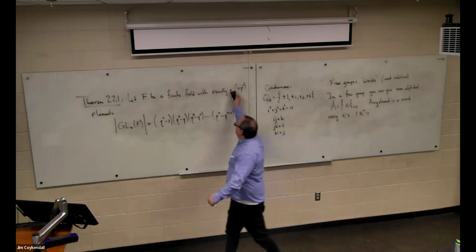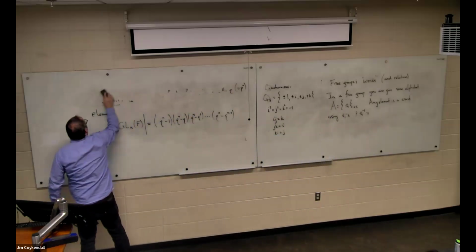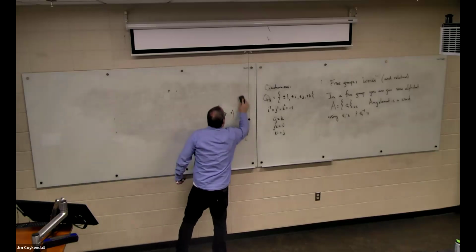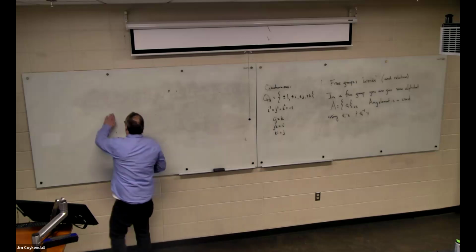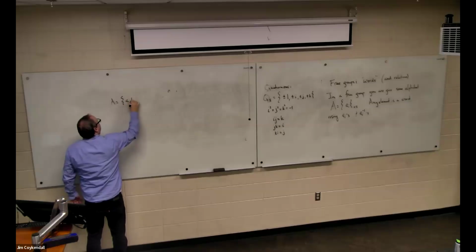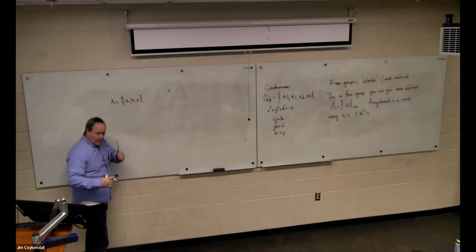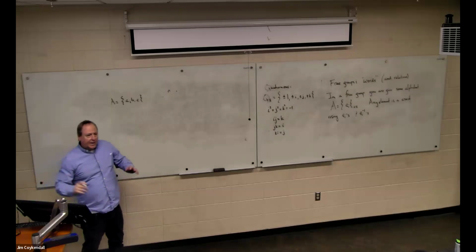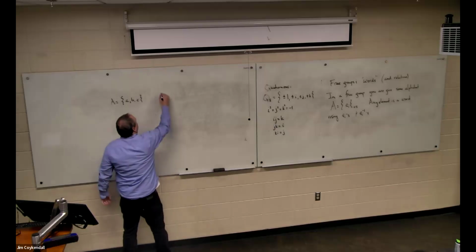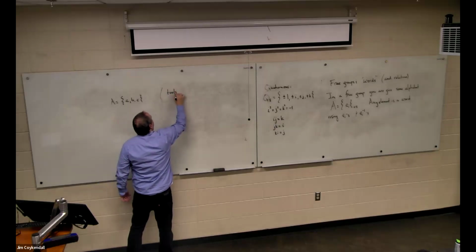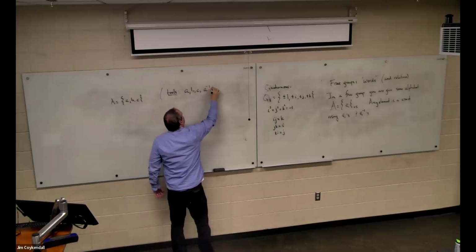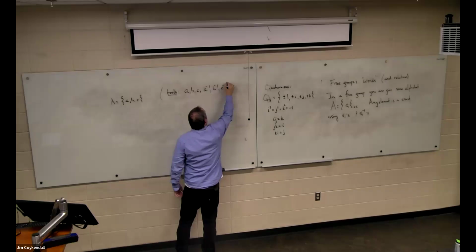So, for example, if my alphabet is just A, B, C, the free group on A, B, C is every word that I can make using my tools: A, B, C, A inverse, B inverse, and C inverse.